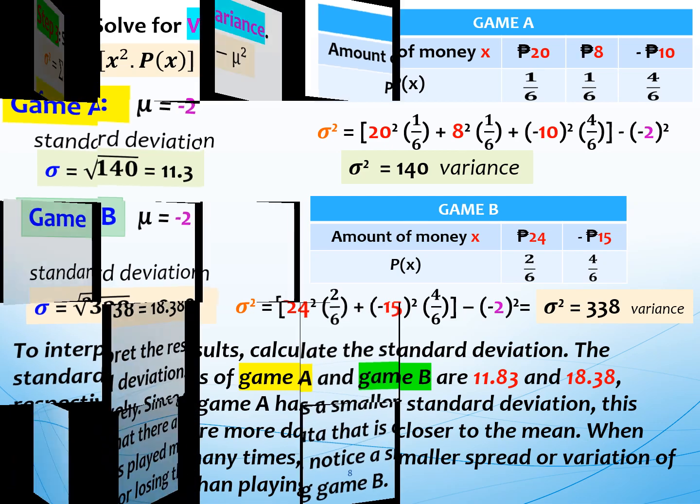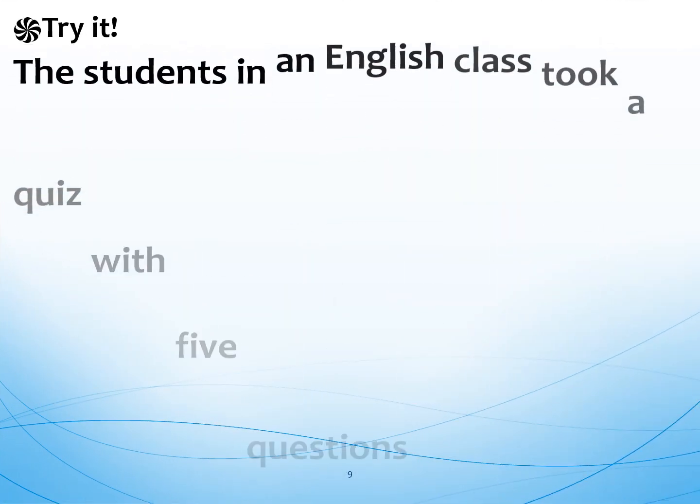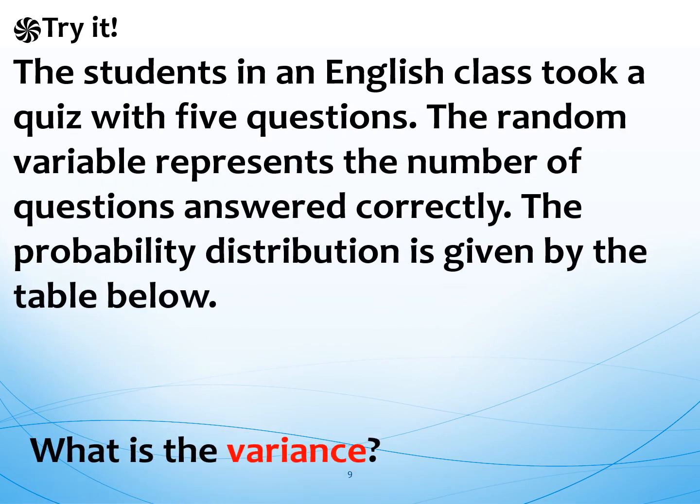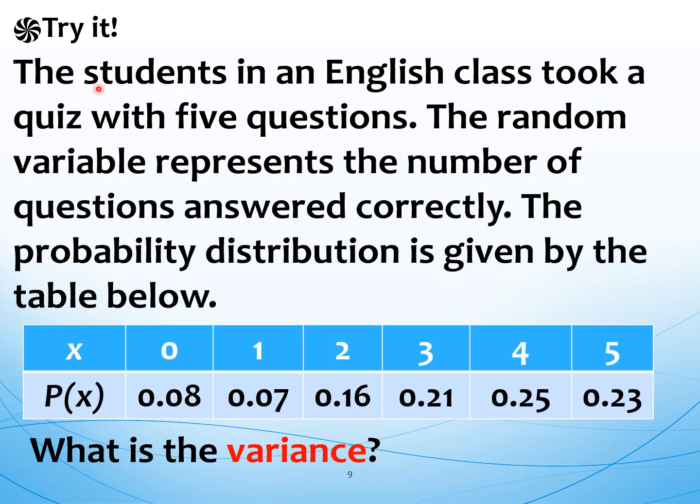Next, can you try this one? I will read this. The students in an English class took a quiz with 5 questions. The random variable represents the number of questions answered correctly. The probability distribution is given by the table below. So we have the score x and the probability of x.